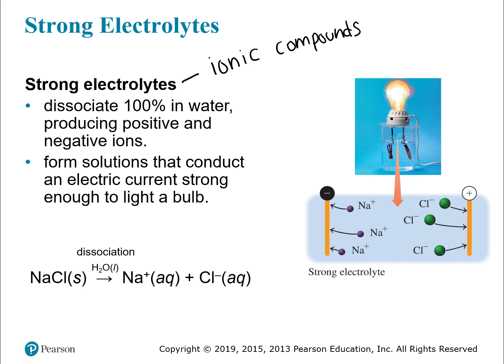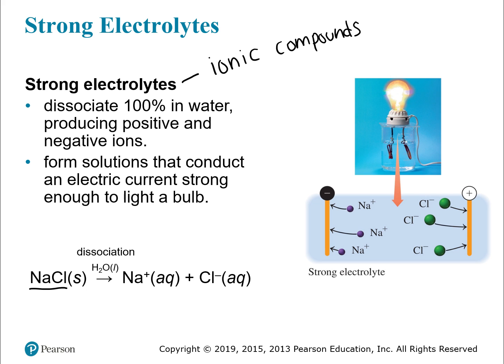The classic one being salt, table salt. These solutions can actually conduct an electric current, strong enough to actually light a light bulb. So we're talking about lots of charge in the water.